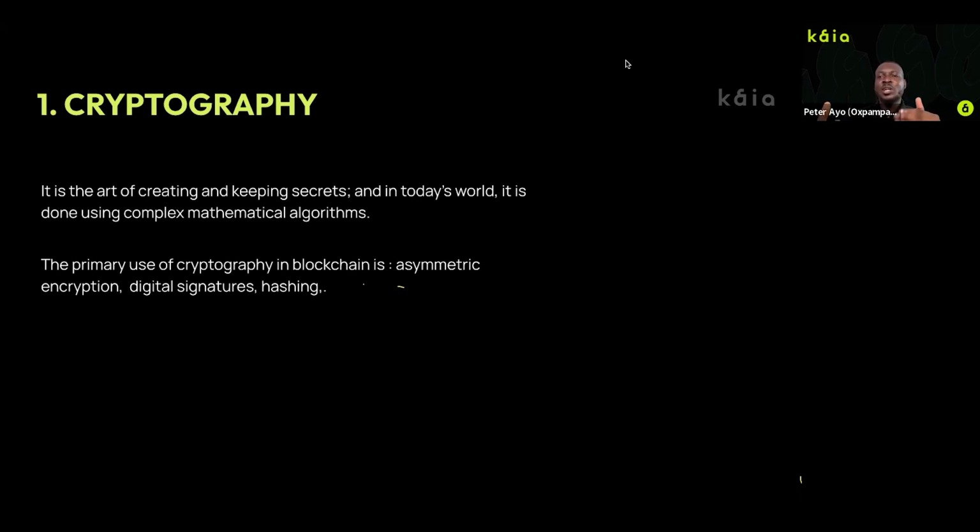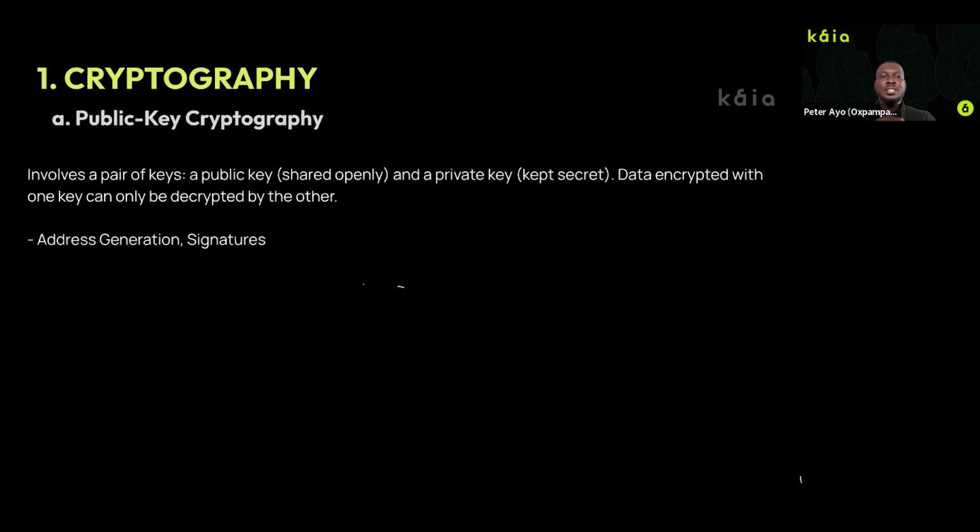Let's take a look at them one after the other. The first on the list is asymmetric encryption, also called public key cryptography. How is this important in the blockchain world? In the blockchain world, we have the concept of key pairs, where we have a public key and also a private key.